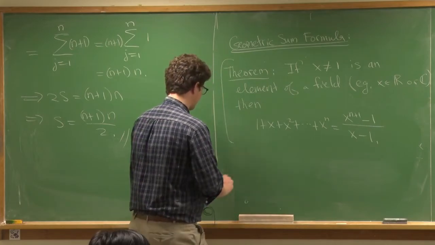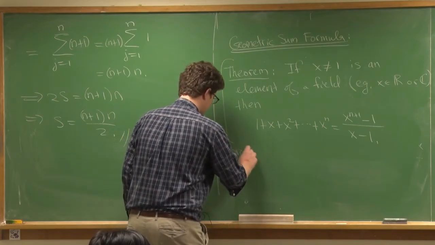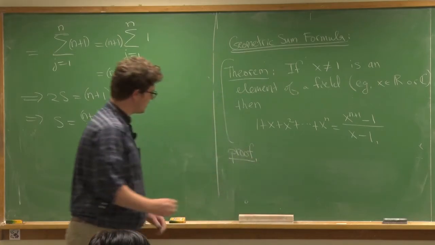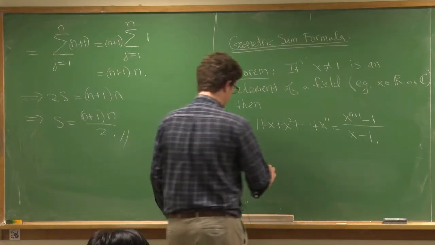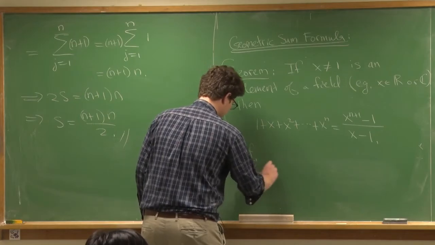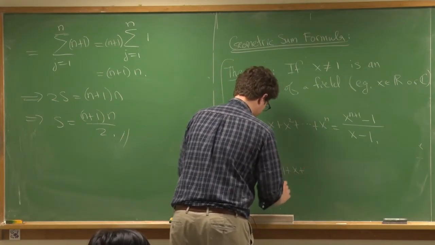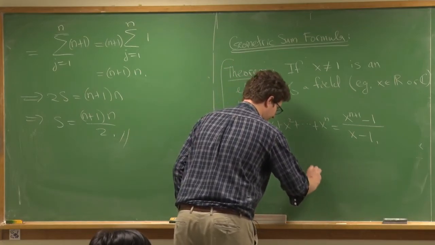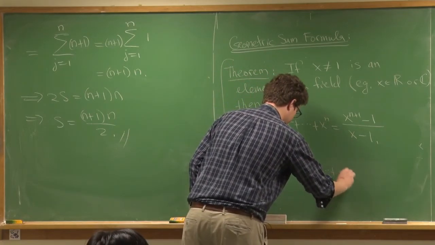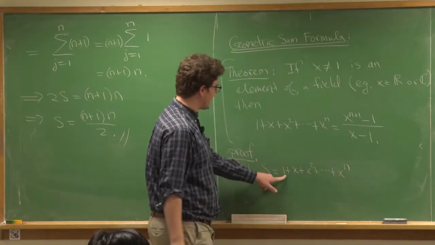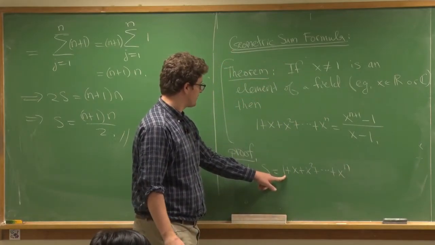All right, so here's the proof. We'll let S be 1 plus x plus x squared plus up to x to the n. So this is really x to the 0 here, right?